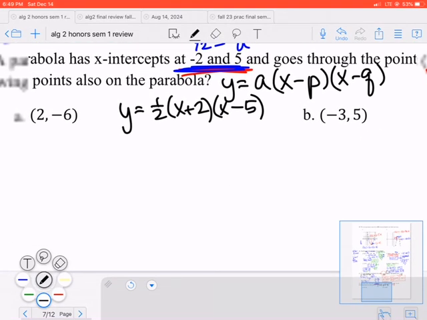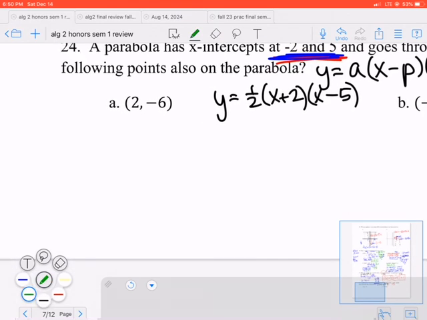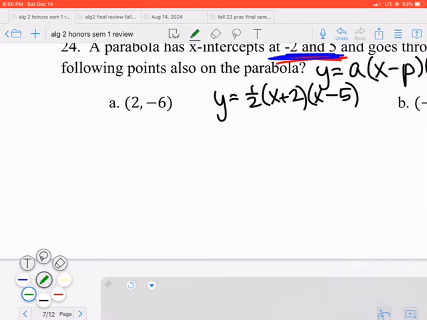So that's our equation. So I need to see if these points are on that parabola. So I should have written f of x instead of y. It doesn't really matter, but we plug in x to see if we get that output y. So I'm finding f of 2.